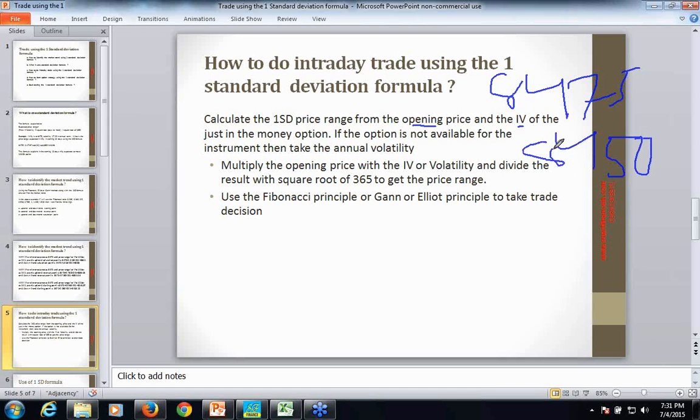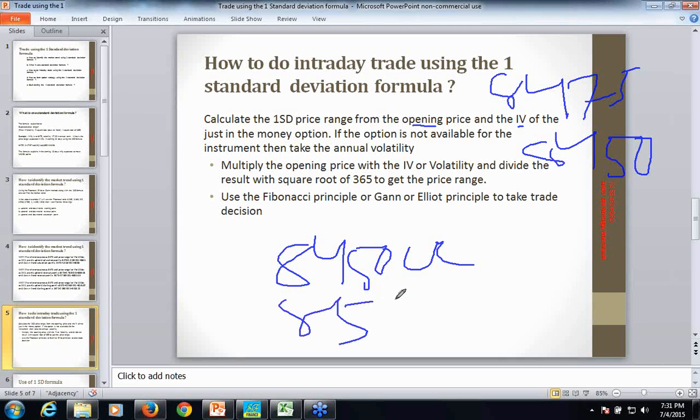Whichever you choose, you can take any one IV, or you can take the average of the IV of the 8450 call option and the 8500 put option. Whatever comes out, you can take into account.